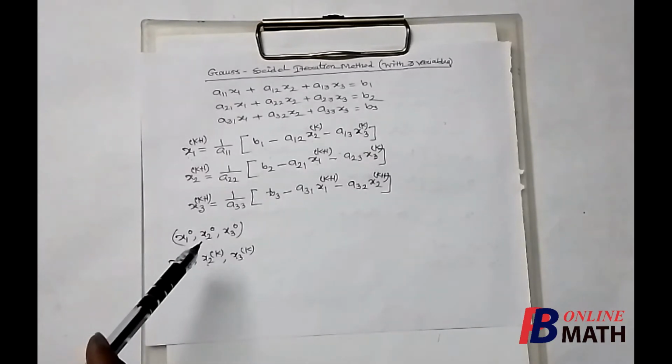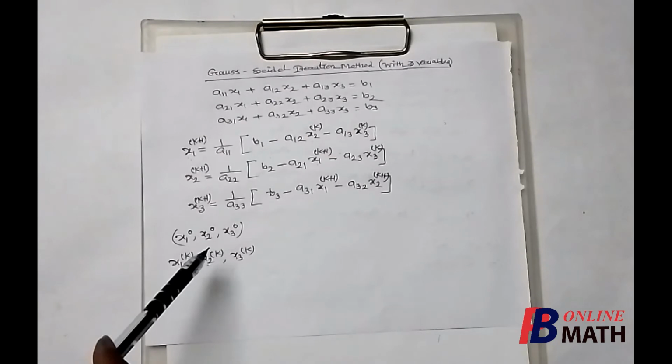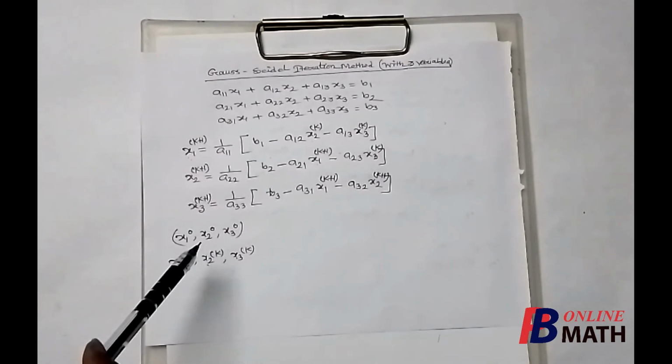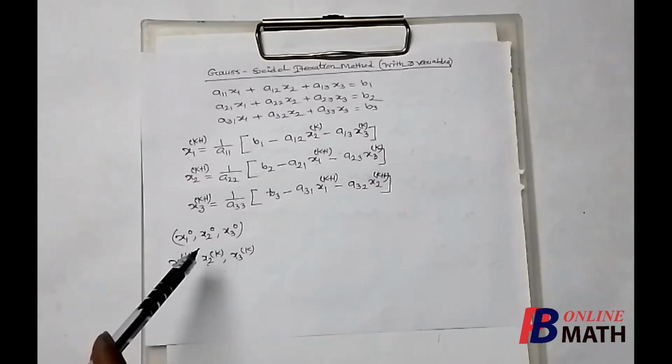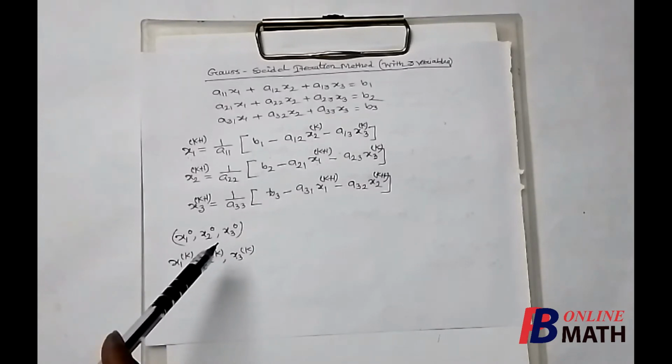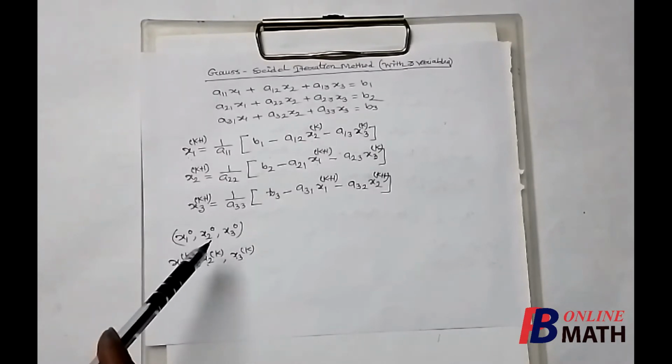We shall stop computing all this when two successive approximations are similar, correct up to the desired order of accuracy. Suppose in the question it is given that we have to find the solution correct up to 3 decimal places, then we shall stop computing when we get two successive approximations which are similar, correct up to 3 decimal places.